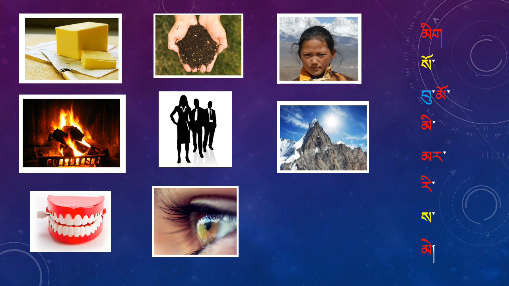So the first picture on the first line is mar. Second picture, sa. Third picture, pumo. Second line, me, mi, ri.